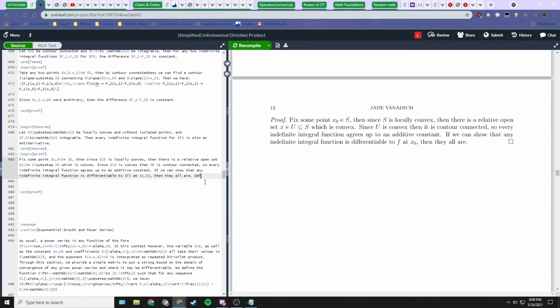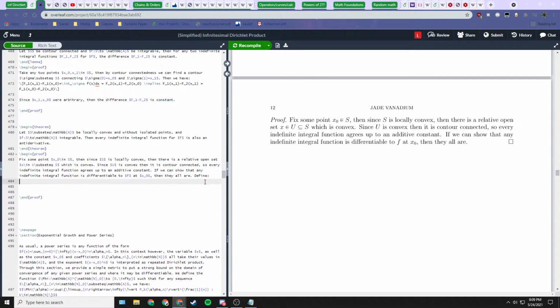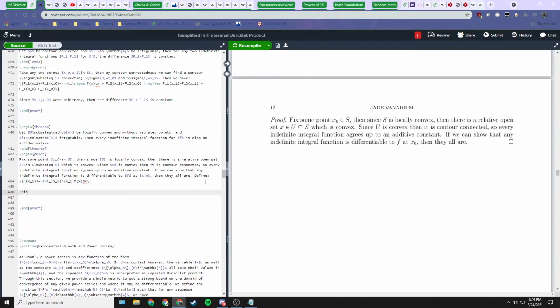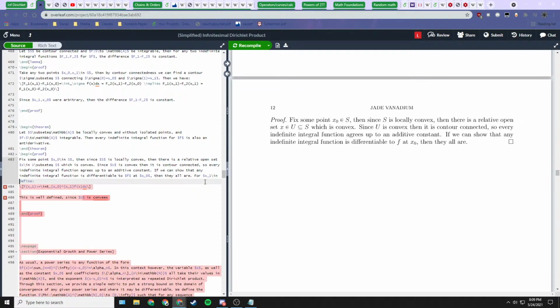So we'll define capital F at x1 as equaling the integral from the lower bound x0 up to x1 of f(x) dx. This is well defined since U is convex, with x1 in U.